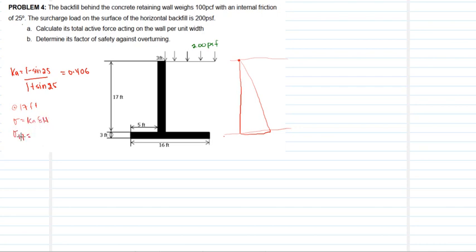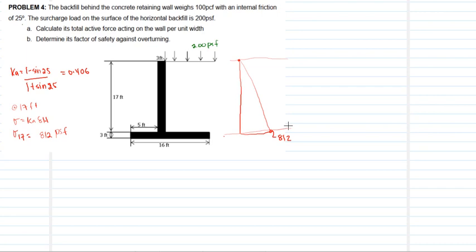So, yung value natin dito is equal to Ka 0.406 multiplied by the unit weight, which is 100 PCF, multiplied by 20 feet, yung height, that is equal to 812. This is in PSF.